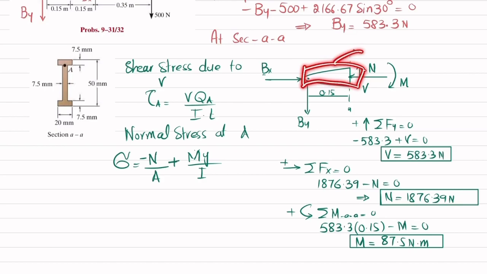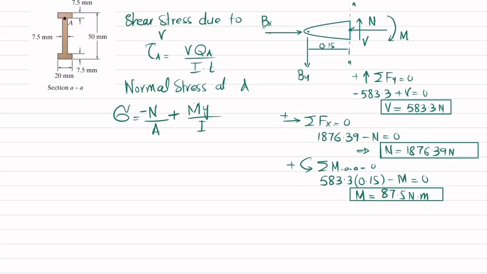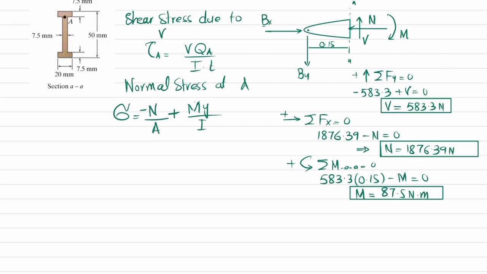So this point A lies upward, so it will be positive. Okay, so we'll find this shear stress and normal stress.